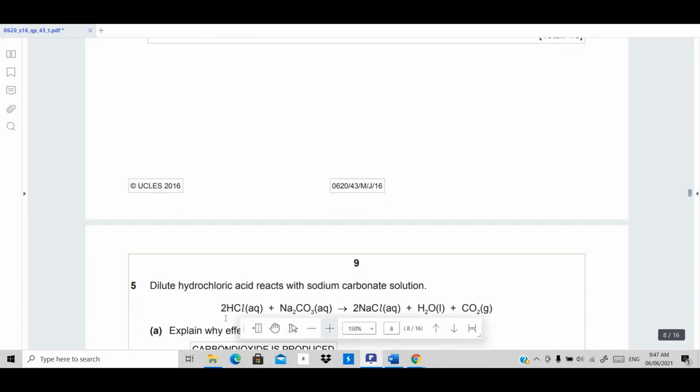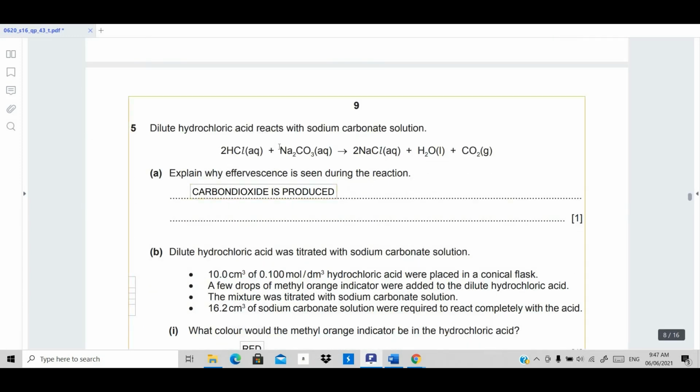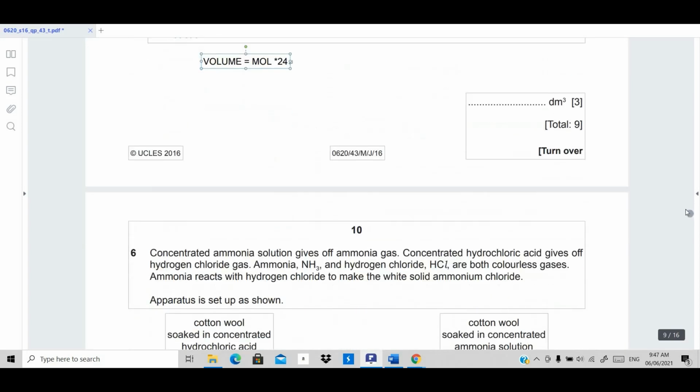They have given us the moles of sodium carbonate, but they didn't give the moles of carbon dioxide. So we can use the molar ratio trick. The molar ratio is 1:1 because there is no number here, so we write 1, and there's no number here either, so we also write 1.